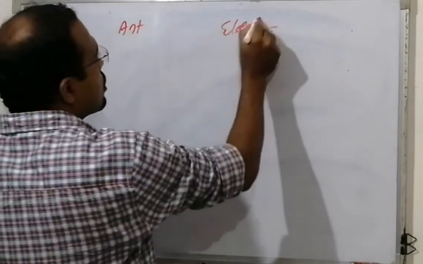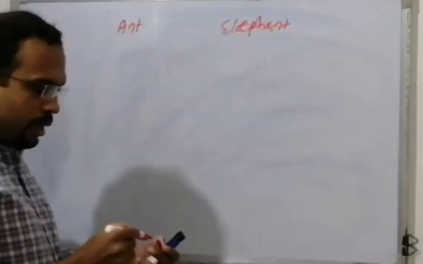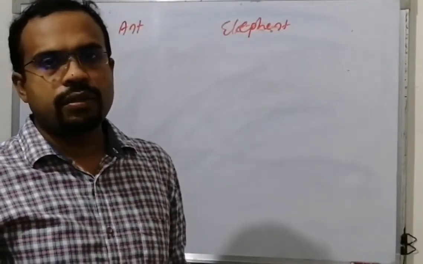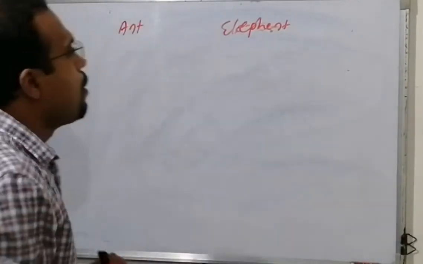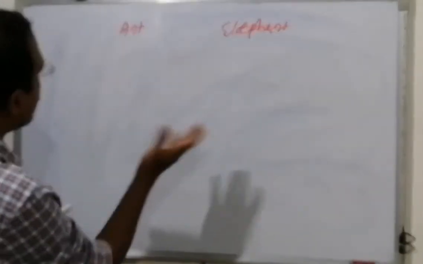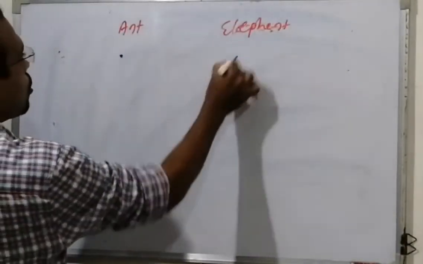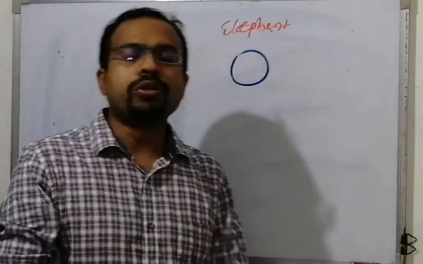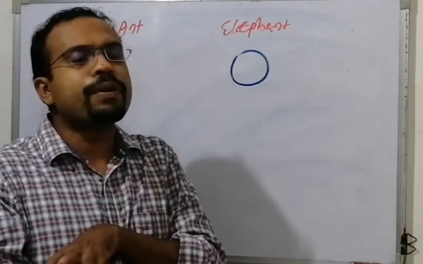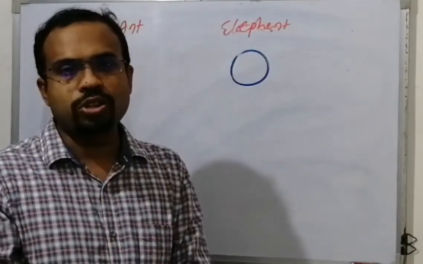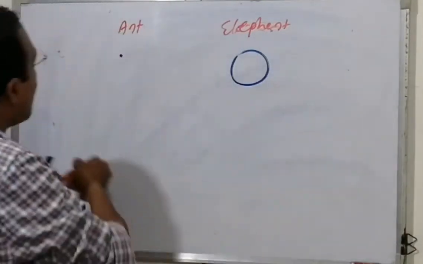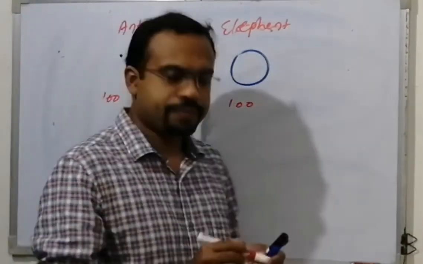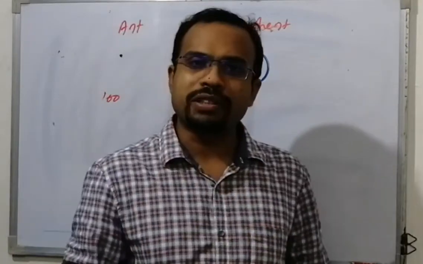Suppose ant and elephant are both different in size, a large difference in size. But if they are solutes of an ideal solution, colligative property depends upon their number, not the nature. Therefore, 100 ants and 100 elephants in an ideal solution give the same colligative properties.